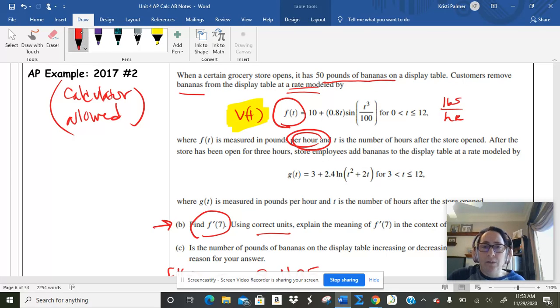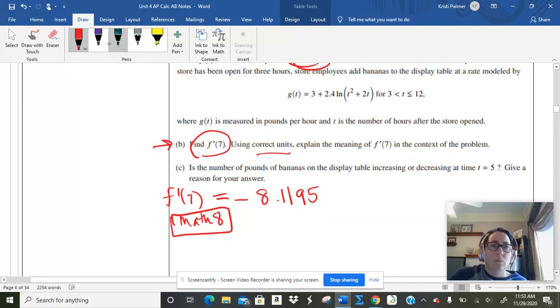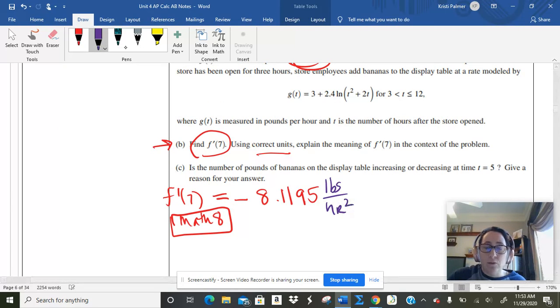So now when I go to interpret ours, what we just found would be in pounds per hour squared. So now we're interpreting an acceleration, not a velocity.